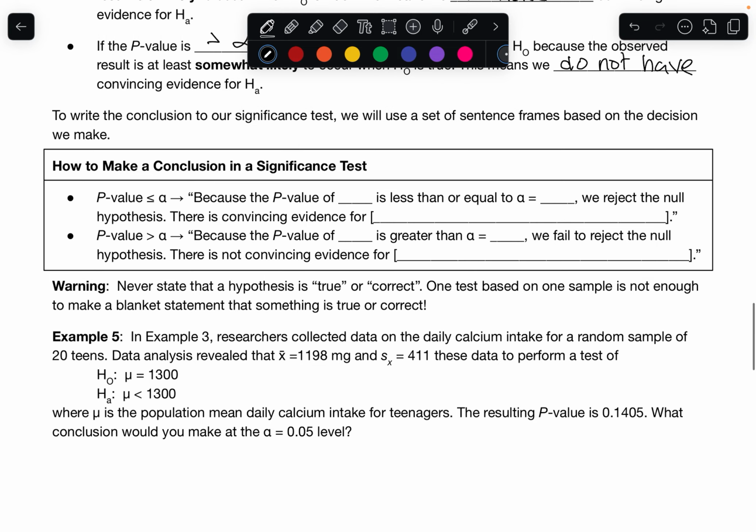So let's take a look at what those sentences can look like. The first says, because the p-value of, and then we put in whatever we calculated our p-value to be, is less than or equal to alpha equals, and we put our level of significance here, we reject the null hypothesis. There is convincing evidence for, and then in this blank we write the alternative hypothesis in context.